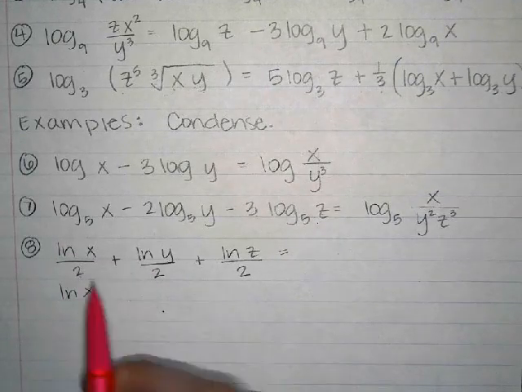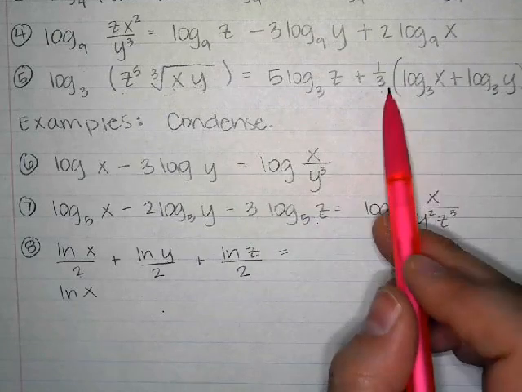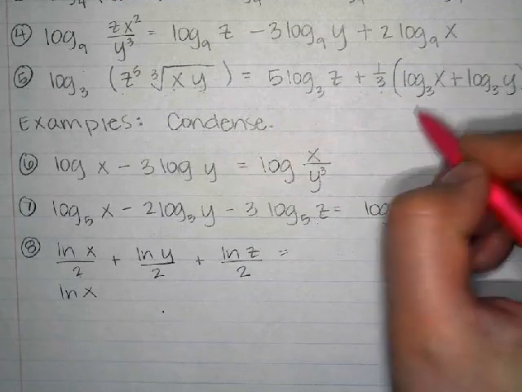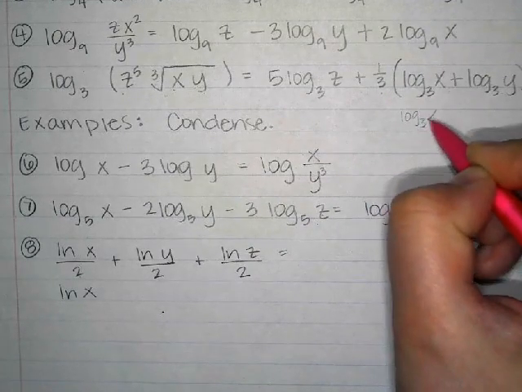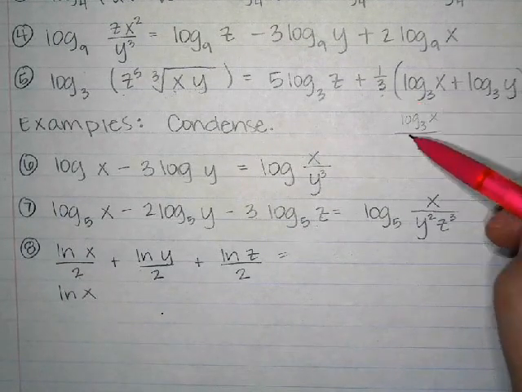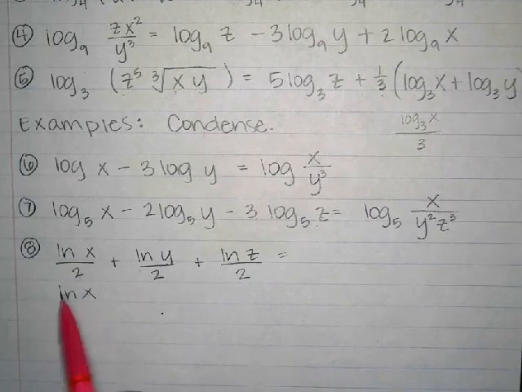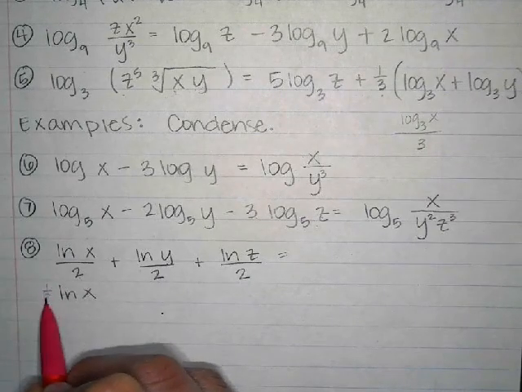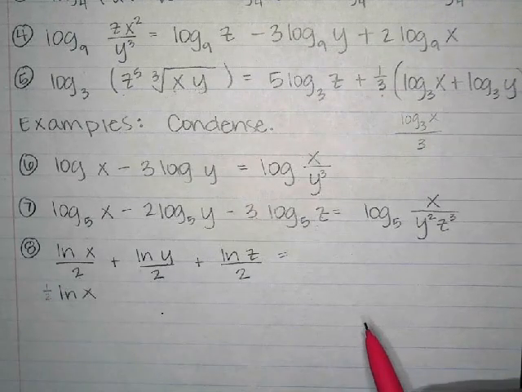So that means that this is ln x with a 1/2 in front. And that means that this is ln y with a 1/2 in front. That means that this is ln z with a 1/2 in front. Okay?